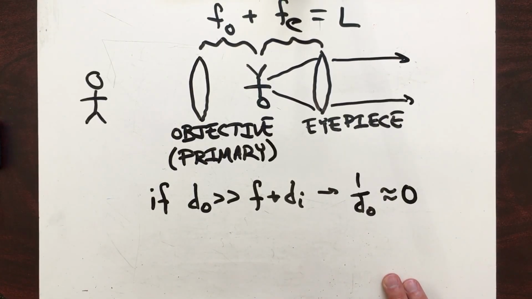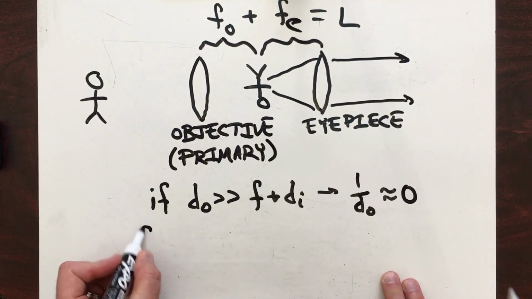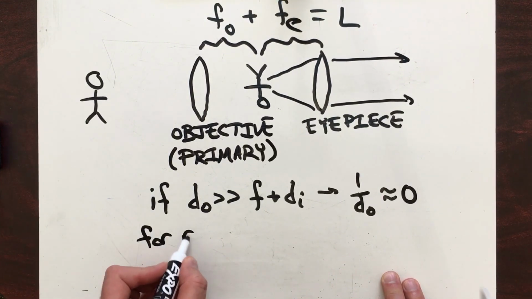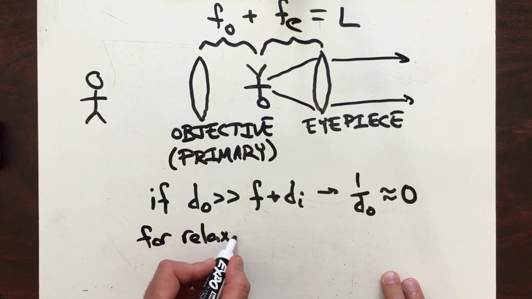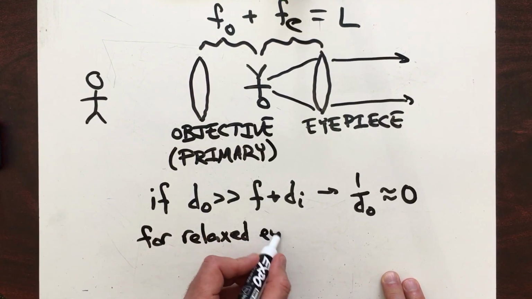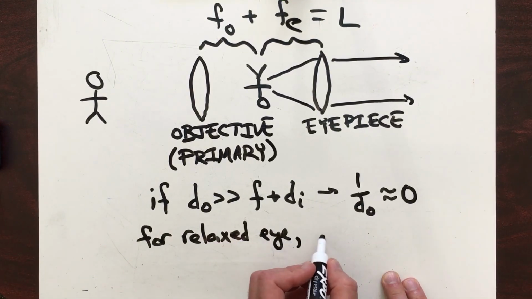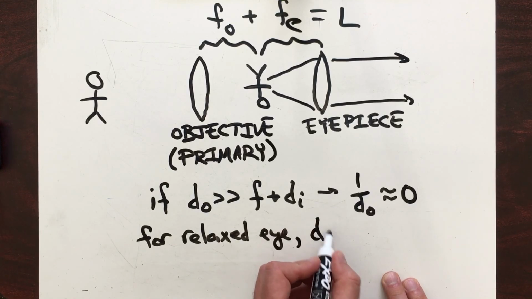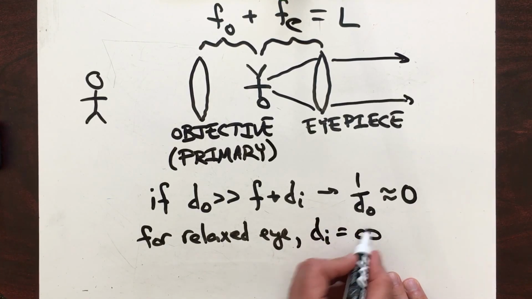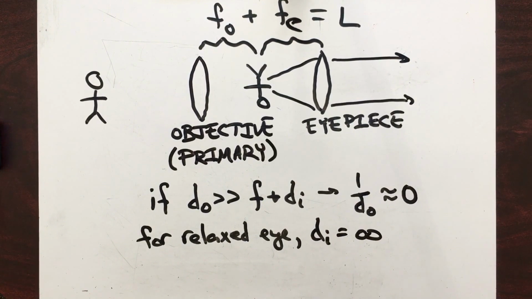That's important to remember. Another thing to remember, for the relaxed eye, the image distance equals infinity. That's important to remember. And then, of course, we have our formulas. This is the formula for the length of the telescope.